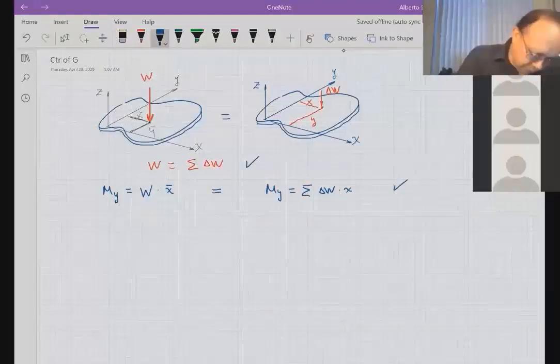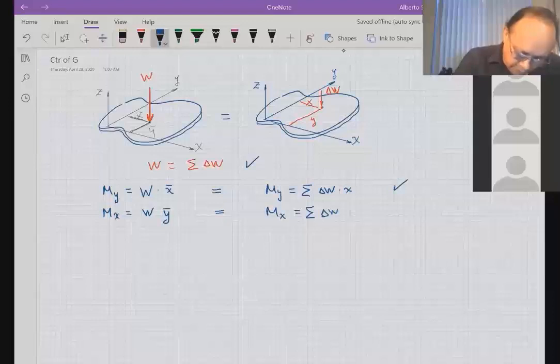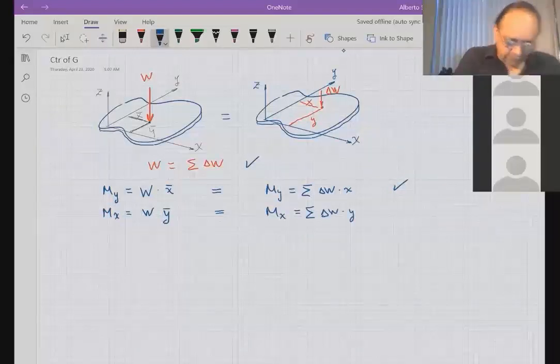We are going to do this for the other axis. The moment produced with respect to the x-axis is equal to W times y bar. This has to be equal to the moment produced with respect to x by all the component particles, which is delta W times y. Okay?